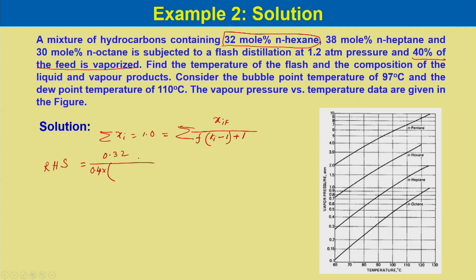As we have calculated, K nC6 is equal to 2.08, K nC7 is equal to 0.92 and K nC8 is equal to 0.42.